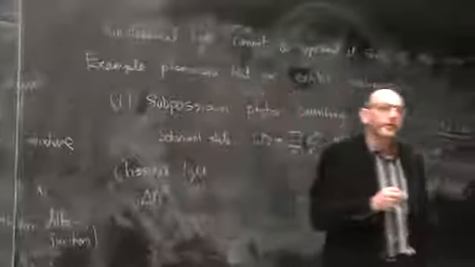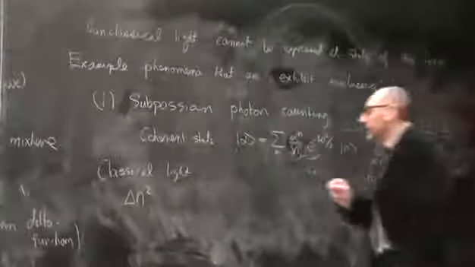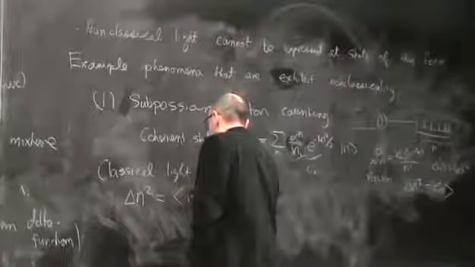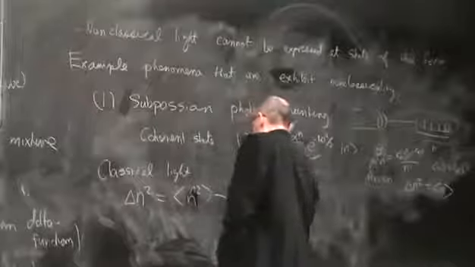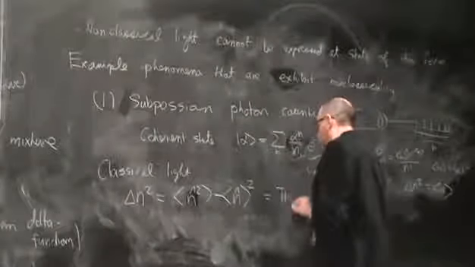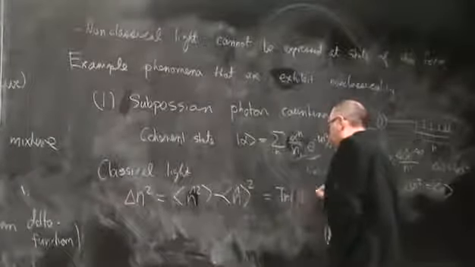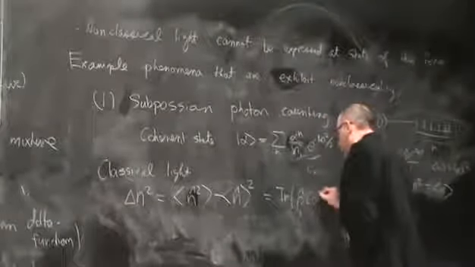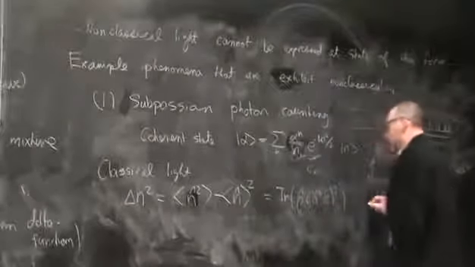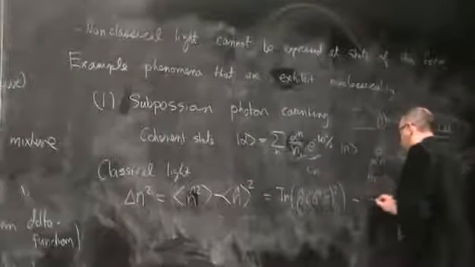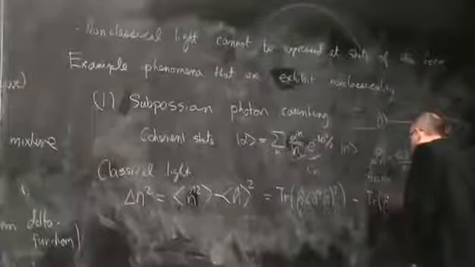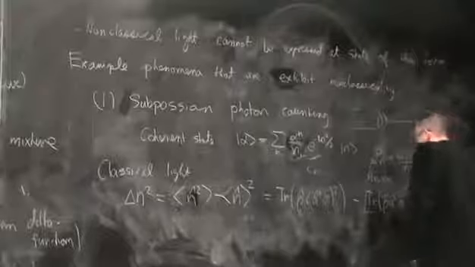The variance in n is equal to the average of n squared minus the average of n, quantity squared, right? That's the trace of rho with the observable a dagger a squared, minus the trace of rho with a dagger a, all quantity squared.